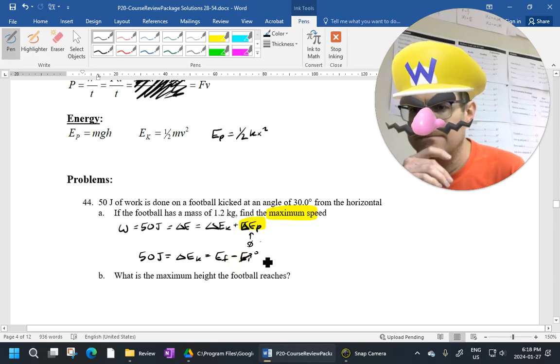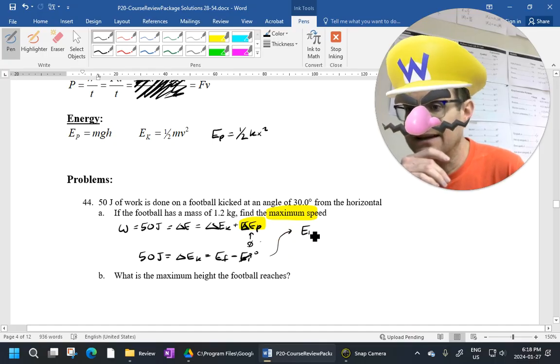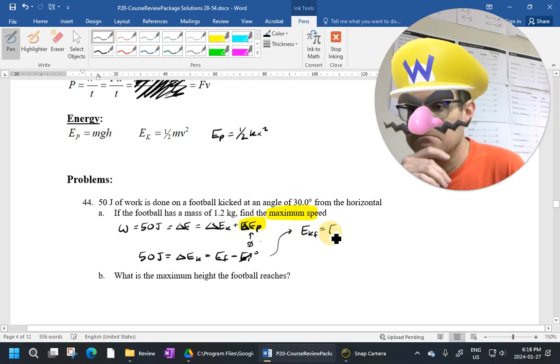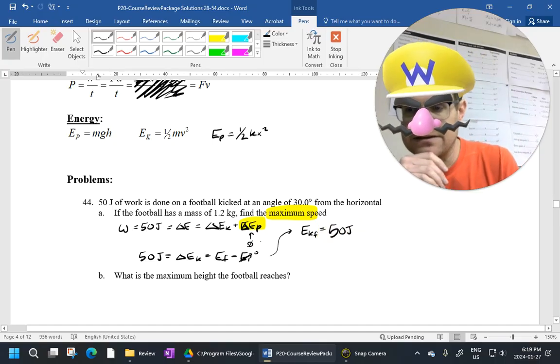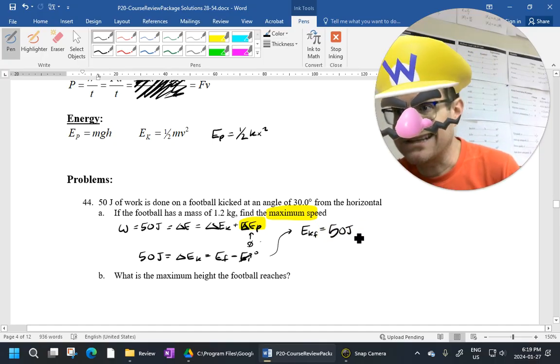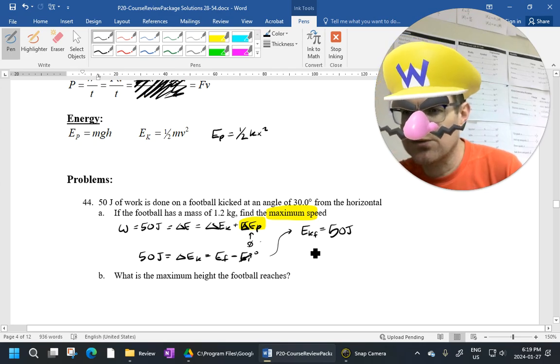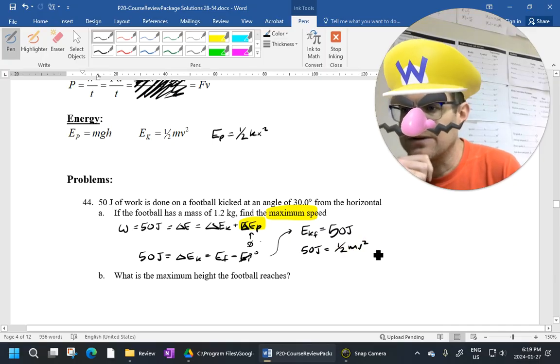So that means therefore this final kinetic energy is 50 joules. That's a lot of work to get to that step, right? Which you probably could have just jumped right to, but I'd like to go through the reasoning of why that is. So that means the 50 joules is equal to 1/2 mv squared, and then I can rearrange this equation.